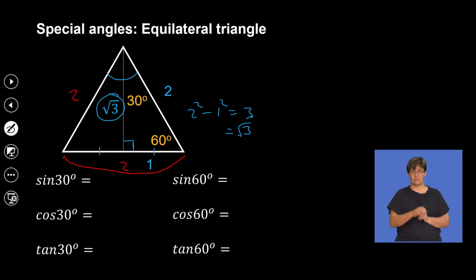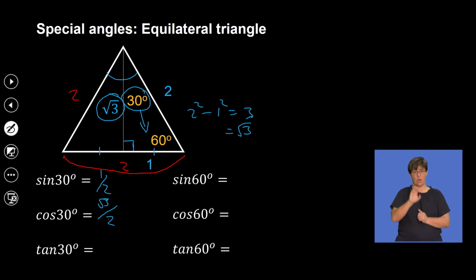Now, sine 30, remember, is opposite over hypotenuse side. So the opposite of this 30 here will be the 1 there, so that's 1 over the hypotenuse side, which is 2. Cos of 30 degrees is adjacent. Adjacent to 30 is square root of 3 over the hypotenuse to the 30, which is 2.